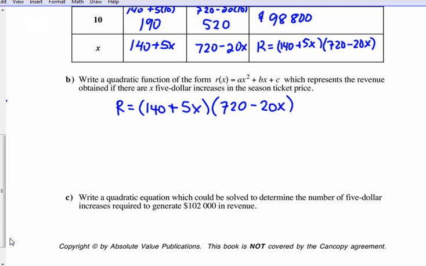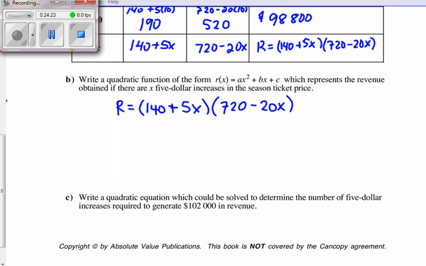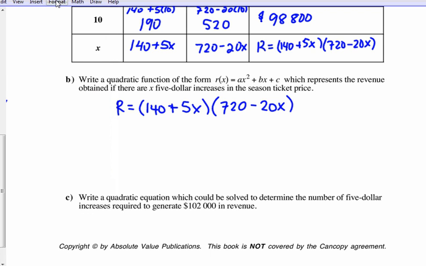So I want you to foil this on your own. Make sure you can foil this out. Okay, so what did you get when you went 140 times 720? 100,800. Okay, then 140 times negative 20?